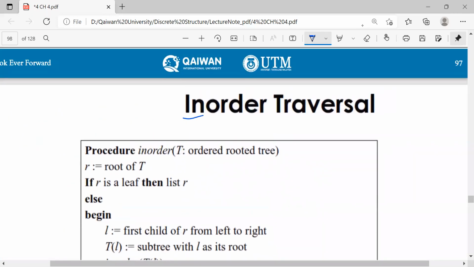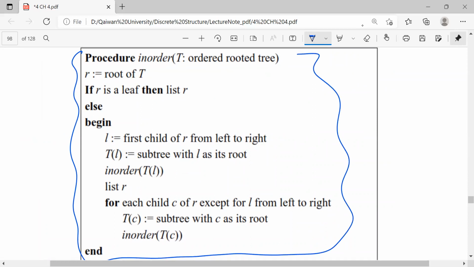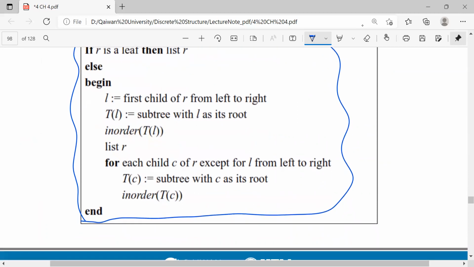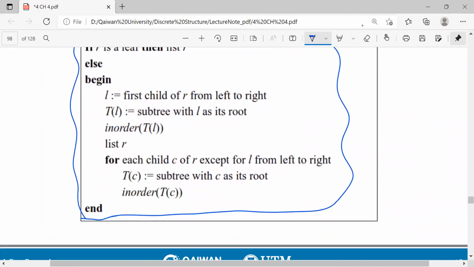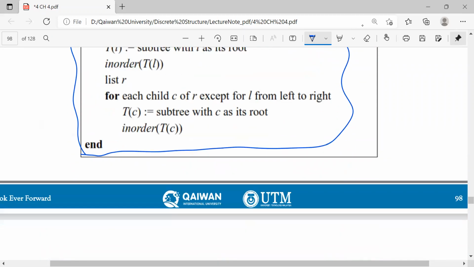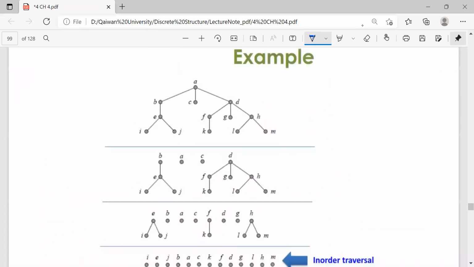Now we have in-order traversal. This is the procedure of working on the tree to write down the in-order traversal. Okay, I'm going to explain it on the example. It's easier to get the idea. Here we have this given tree.